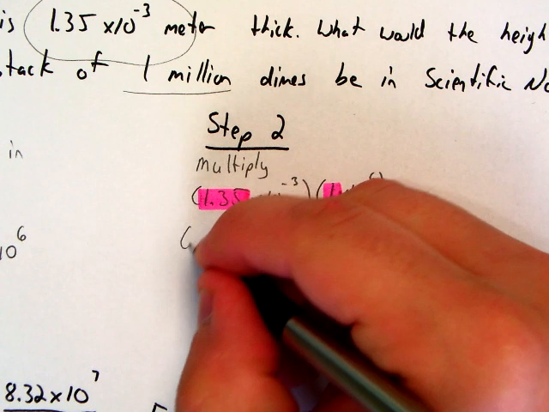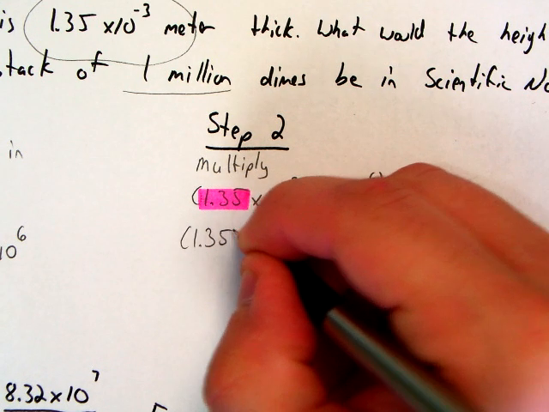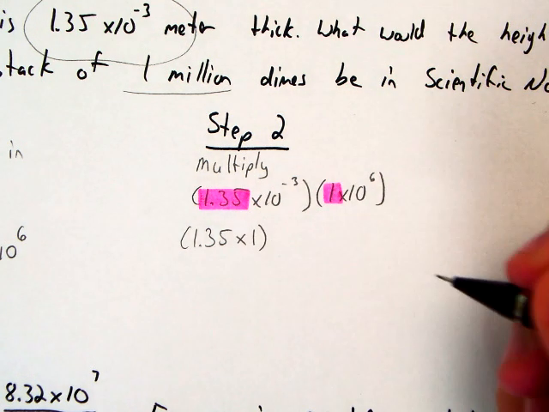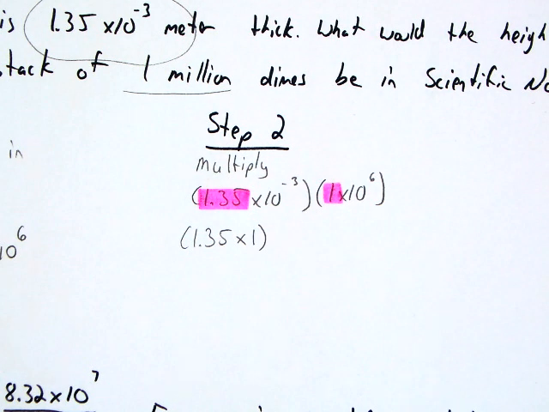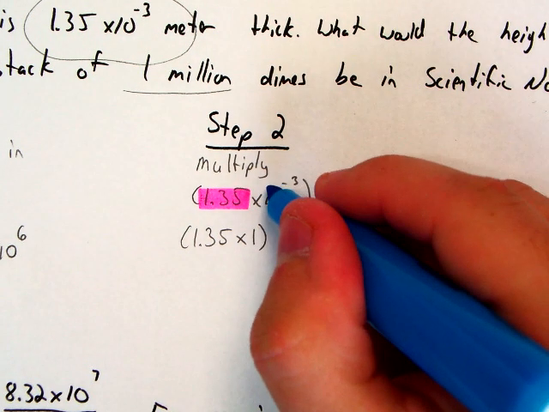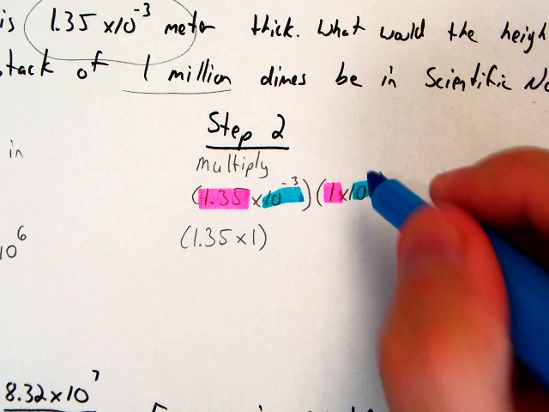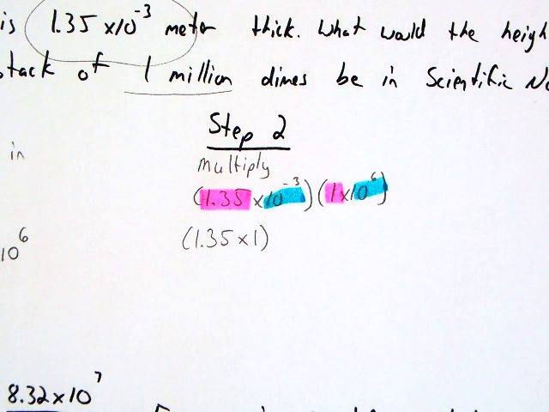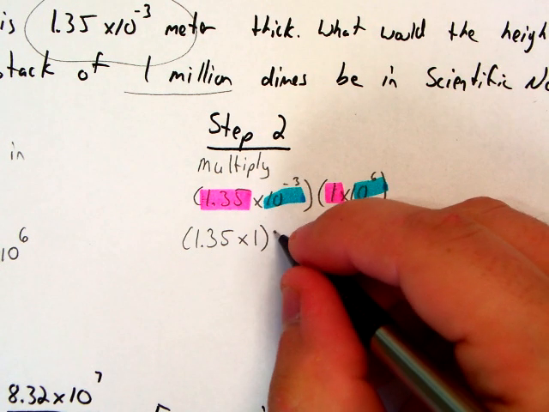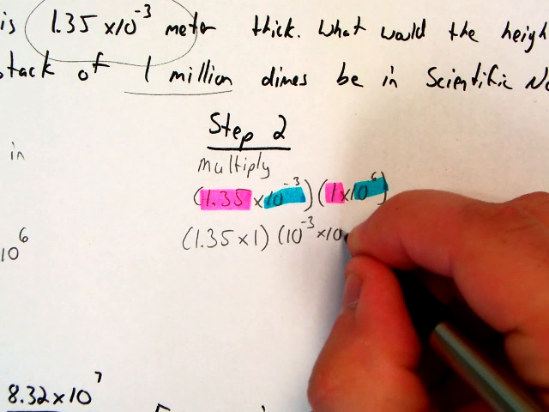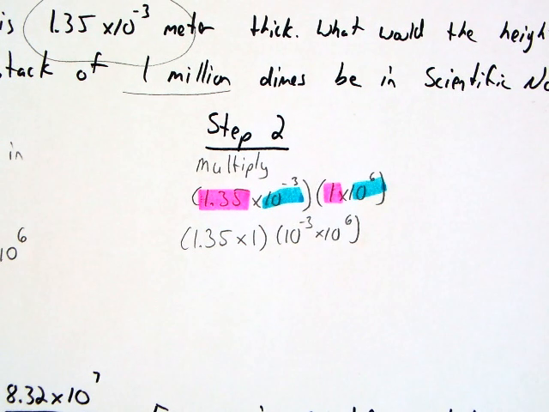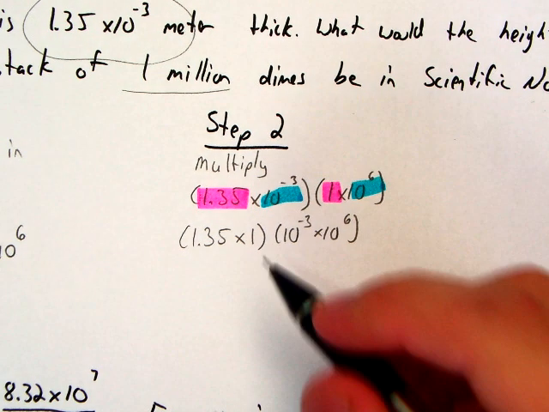So now I have 1.35 times 1. And then I'm going to move the powers of 10 next to each other. So that's that 10 to the negative third and 10 to the sixth. I'm going to evaluate each section now.